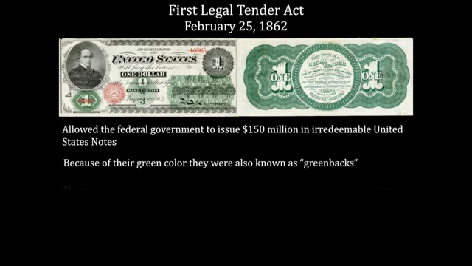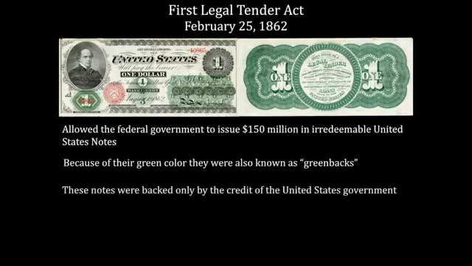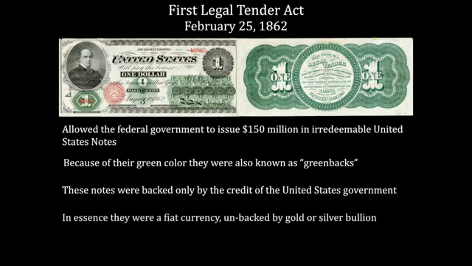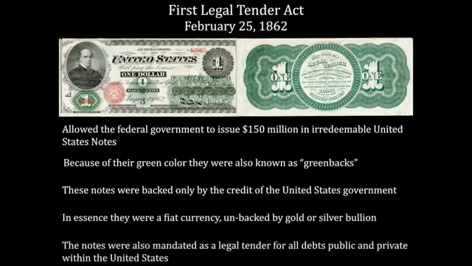These notes were backed only by the credit of the United States government. In essence, they were a fiat currency, unbacked by gold or silver bullion. The notes were also mandated as a legal tender for all debts public and private within the United States. This meant that the notes, by law, had to be accepted by everyone within the country as payment for debts.